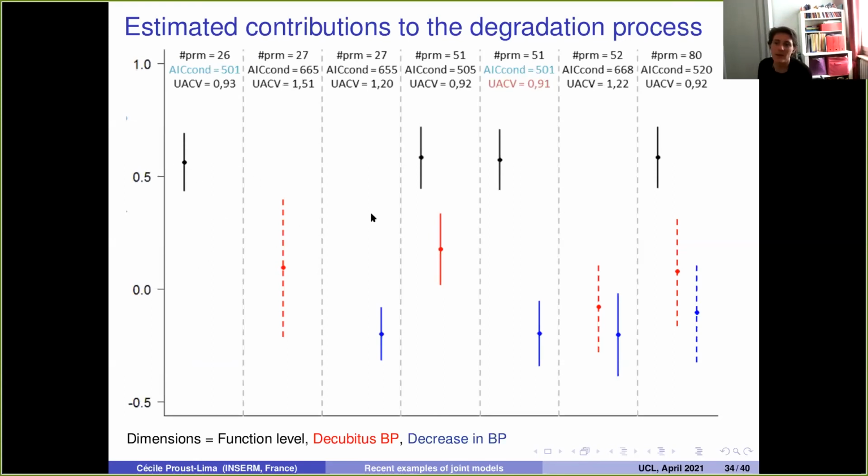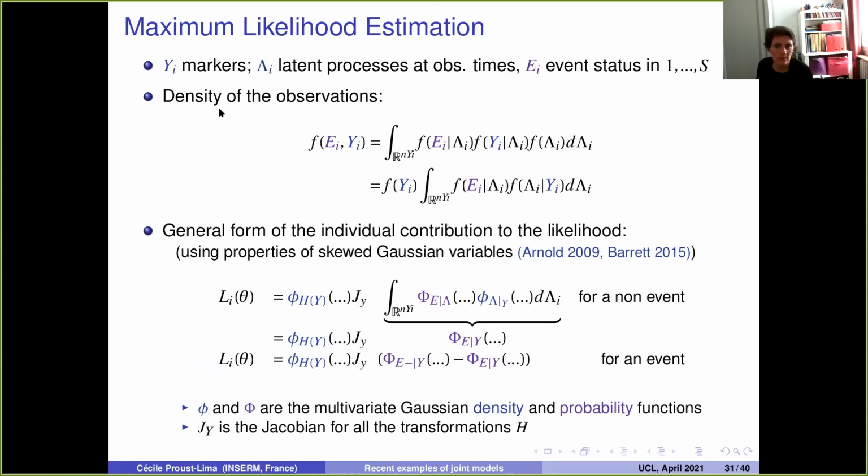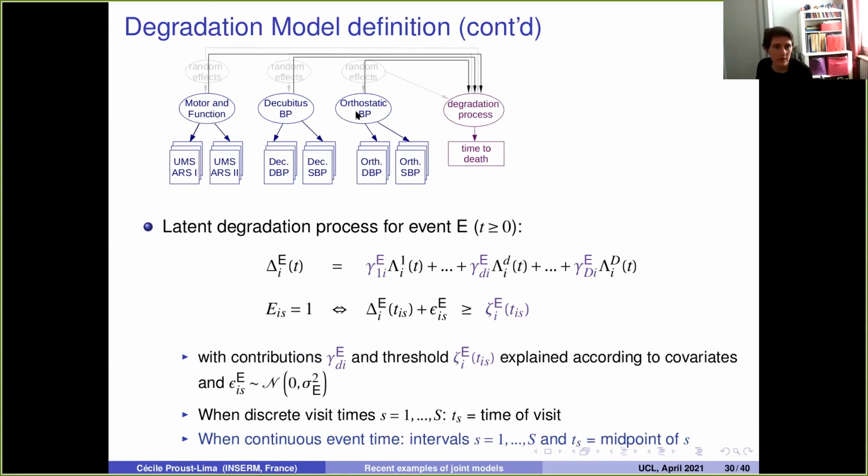So here we compare different models. A first one where we consider that the overall global degradation process was only defined from the functional level, so only one dimension defined this overall degradation process. And then two of them, and then three of them.